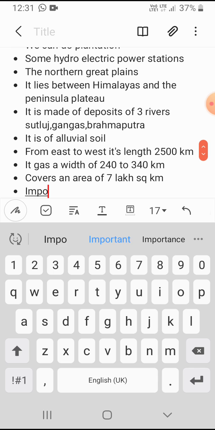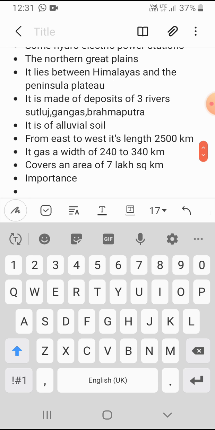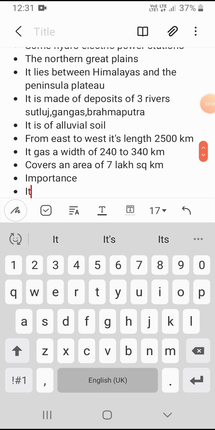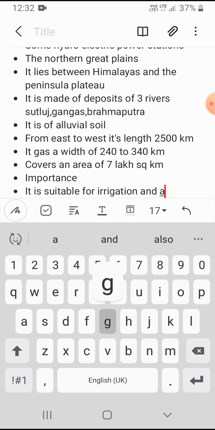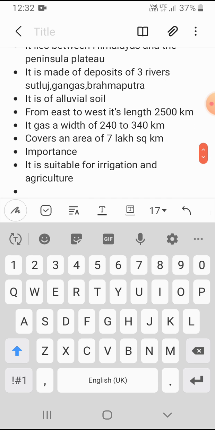Now the importance of this northern plain. The northern Great Plain is suitable for irrigation, so we can do irrigation there, and agriculture also.